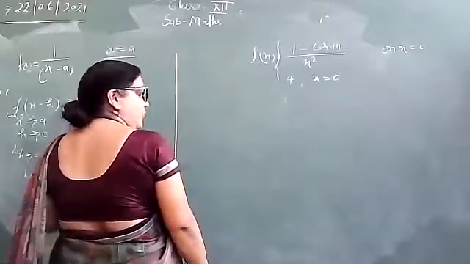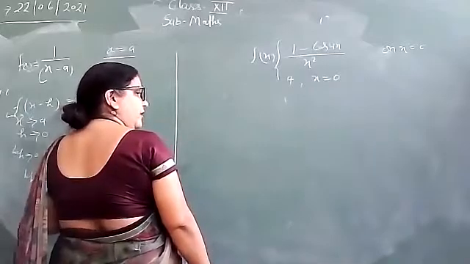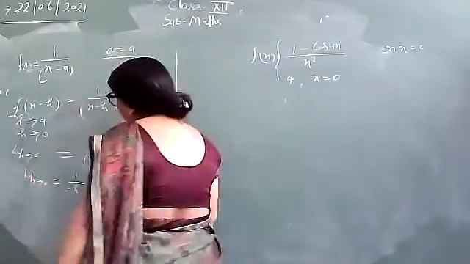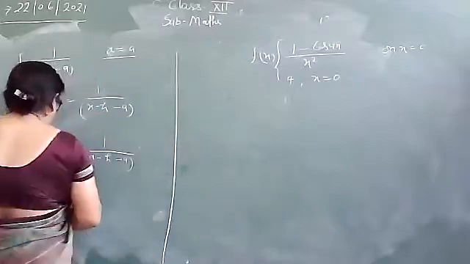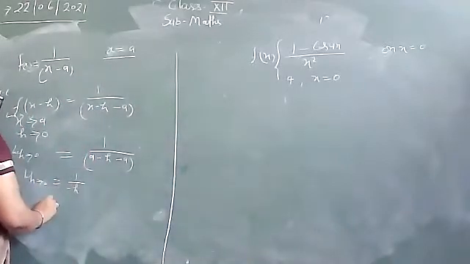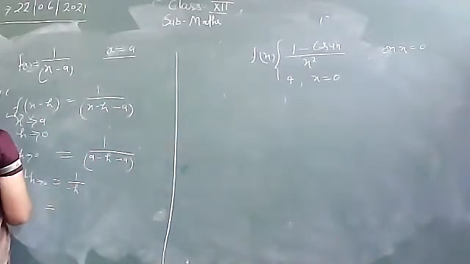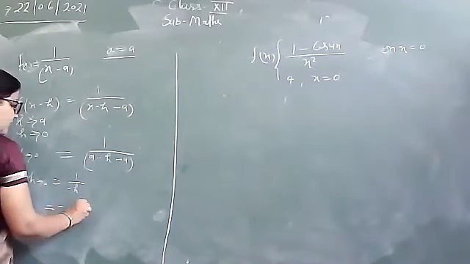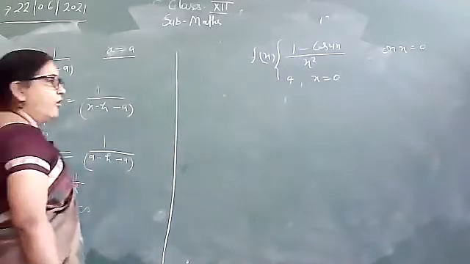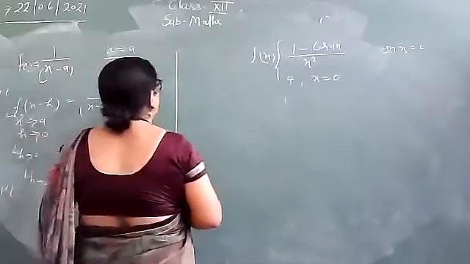If we use 1 upon h, that means it is infinity, and we take minus infinity. So here LHL is minus infinity.